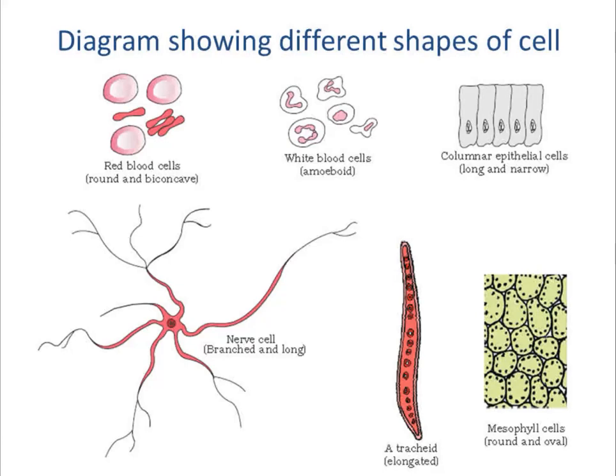Now I would like to make a slight correction in the full form that is mentioned in the textbook. It is right, you can call it a cell, but truly speaking, these are not cells. Why are these not cells? Just a few seconds ago, we learned that a cell can be defined as a cell only when it has a cell membrane, nucleus, and intracellular components. Remember that RBC does not have a nucleus.